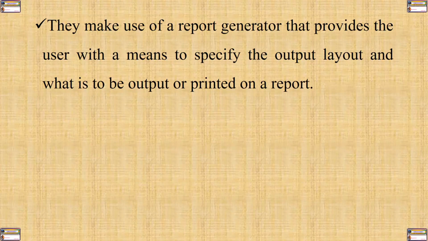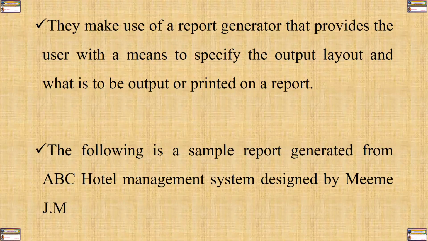They make use of a report generator that provides the user with a means to specify the output layout and what is to be output or printed on a report. The following is a sample report generated from ABC Hotel Management System designed by Meme JM.